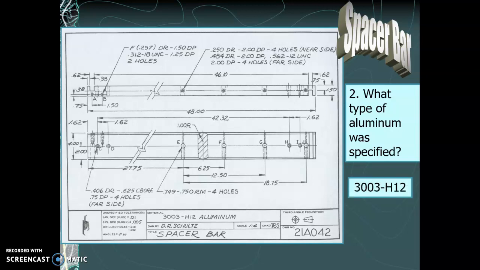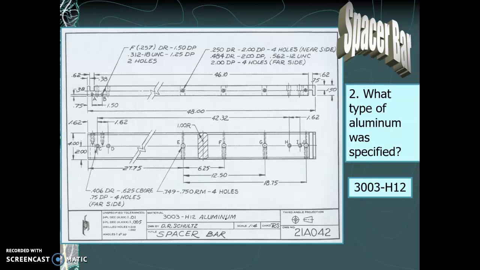So again, this is not a materials class. We're not going to spend a lot of time talking about different types of cast iron or different types of aluminum, but we do need to be able to read the drawing. And all I'll say is that aluminum, although it is an element from the periodic table, is very rarely used in its pure form.